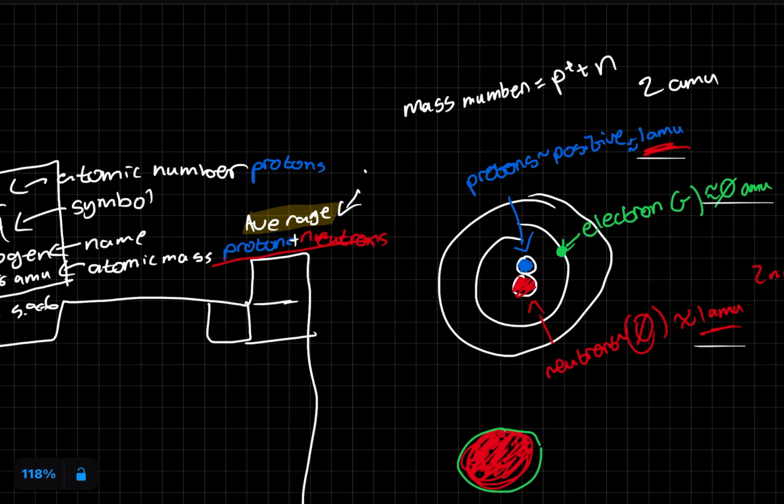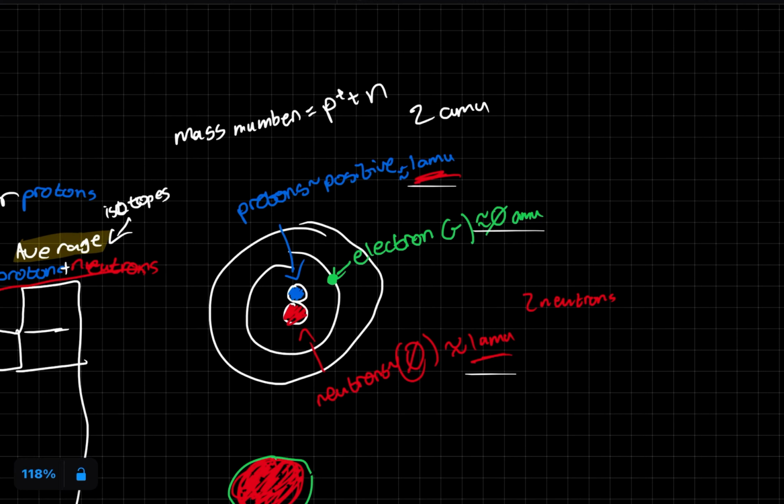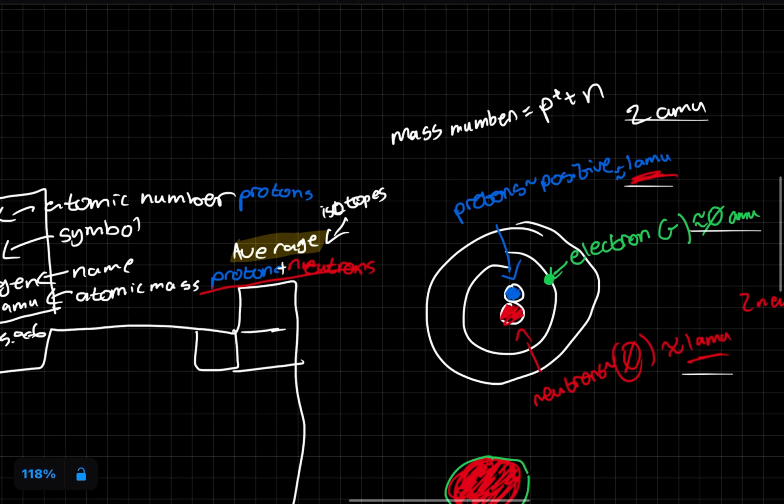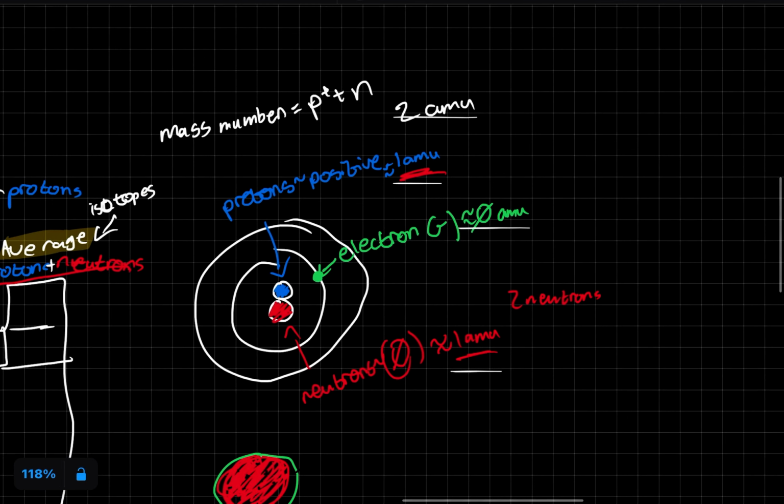And that's why this is an average, because this is the average number of isotopes. So it's the average mass of the isotopes. It's the average mass number of those isotopes. So that's why this particular hydrogen that I drew has 2 AMU, but the atomic mass is still closer to 1, because most isotopes of hydrogen have only 1 AMU. Most of them are just 1 proton and 1 electron.